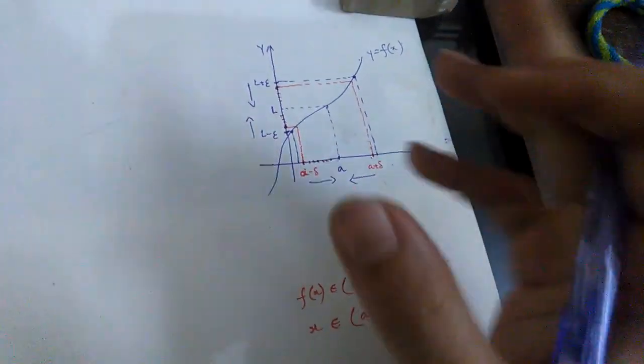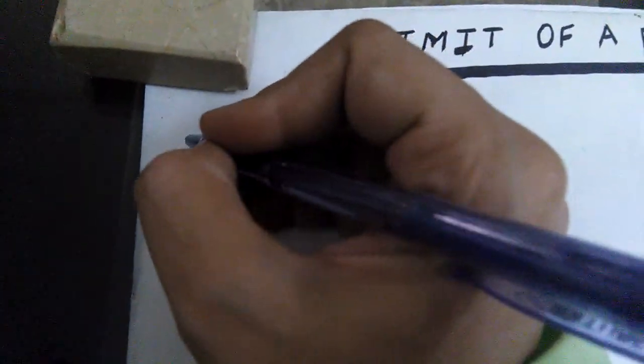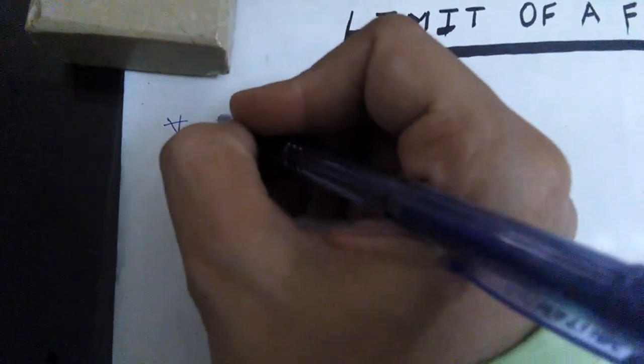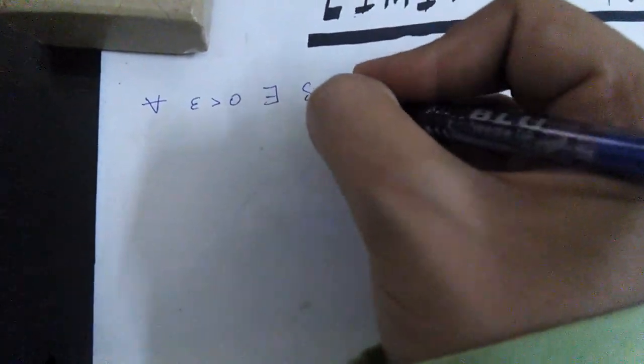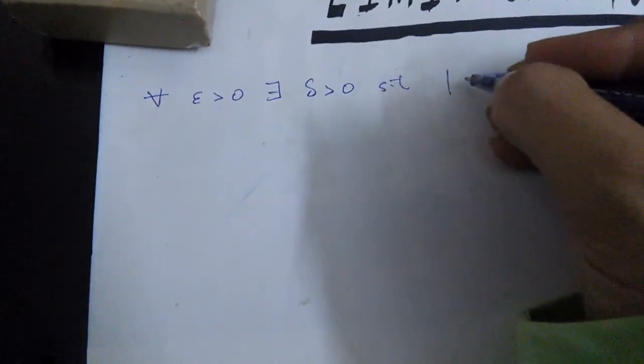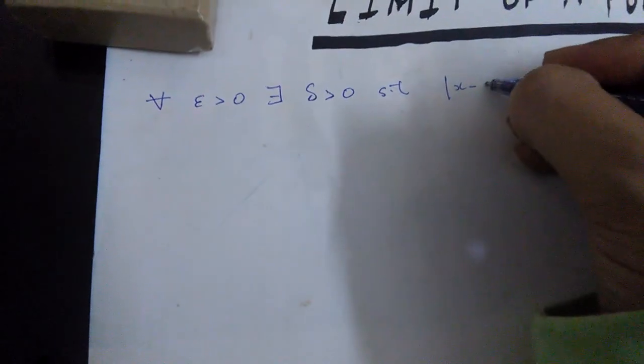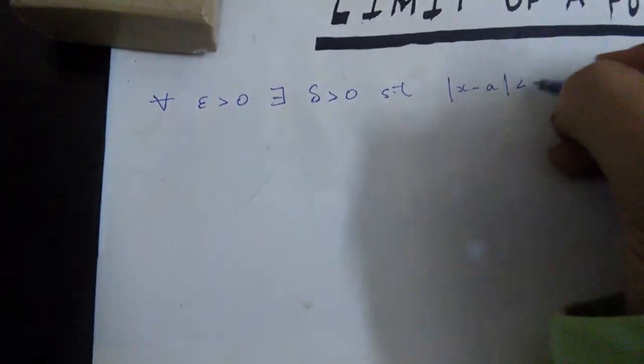So in calculus we use some particular language, and we try to define our limit: for all epsilon greater than 0, there exists a del, which is also positive, such that the distance of x from a is less than del.